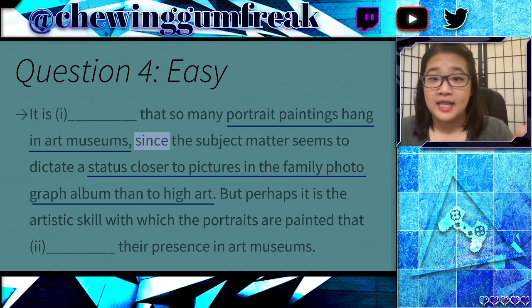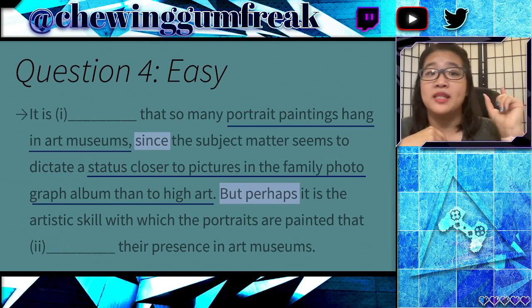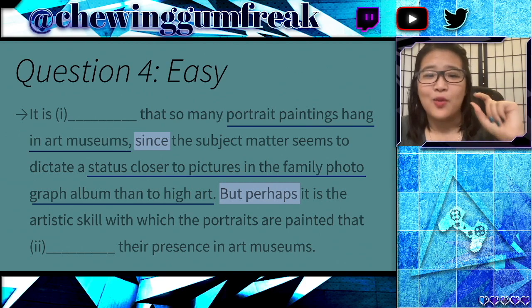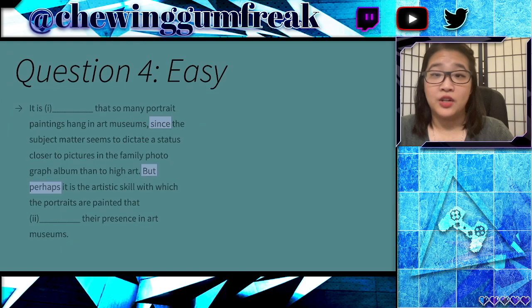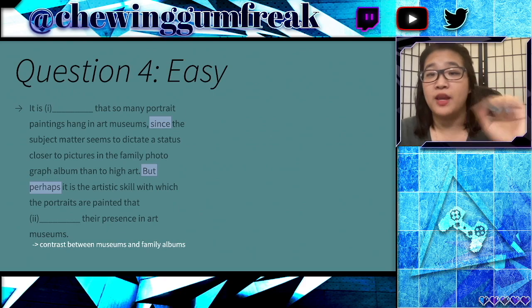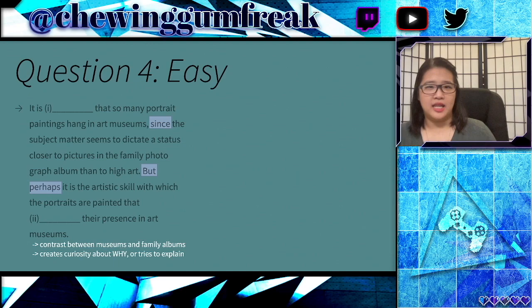For the second sentence, we have another transition word saying but, perhaps. Here, this is creating a contrast between what's said in the first sentence and what's said in the second sentence. So in the second sentence, we're pointing out this artistic skill that the portrait paintings seem to have. The main idea here is that we have a big contrast between museums and family albums, and we have this sort of curiosity in the beginning.